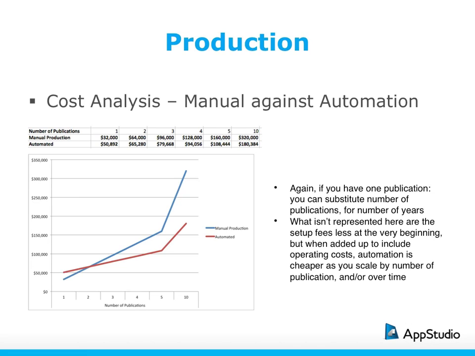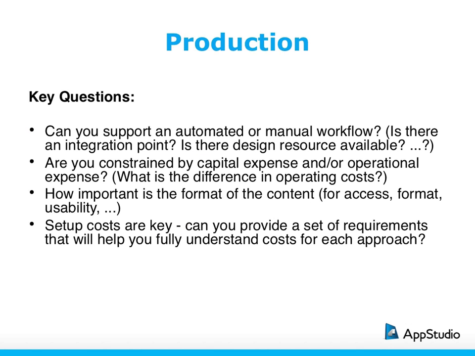Whereas with an automated process, depending on the product you're using, and these are using some of our numbers, if you're producing more issues or more publications, more journals, it'll go up as you're doing more and more, because there will be some licensing costs associated with it, but it'll be a lot less than the cost involved in somebody sitting there and actually laying things out in a Quark Express or Adobe InDesign environment.